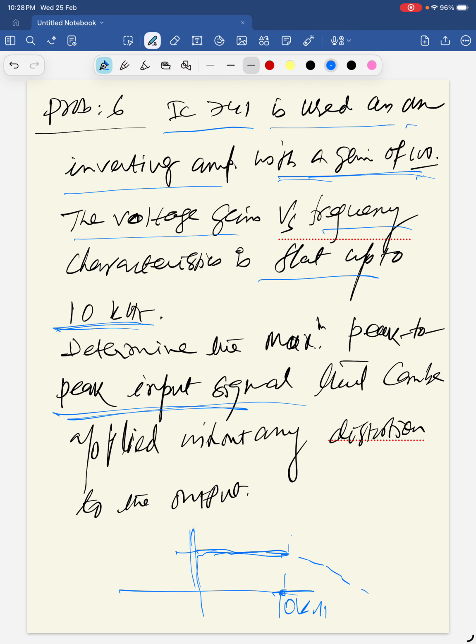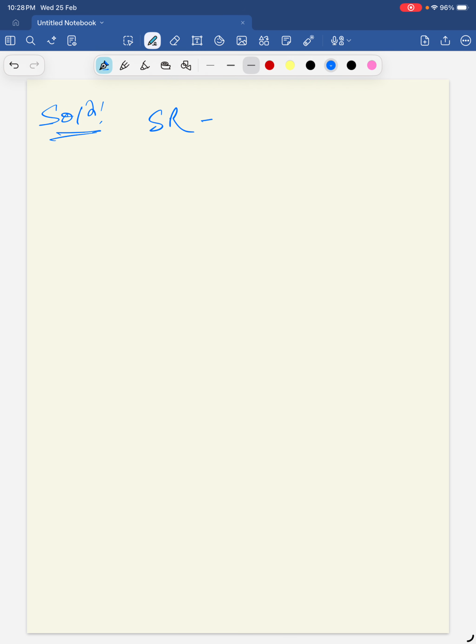Determine the maximum peak to peak input signal that can be applied without any distortion to the output. So you have to find out the input peak to peak voltage. So we know the formula. Solution: slew rate is equal to twice pi F max into Vm, the peak voltage.